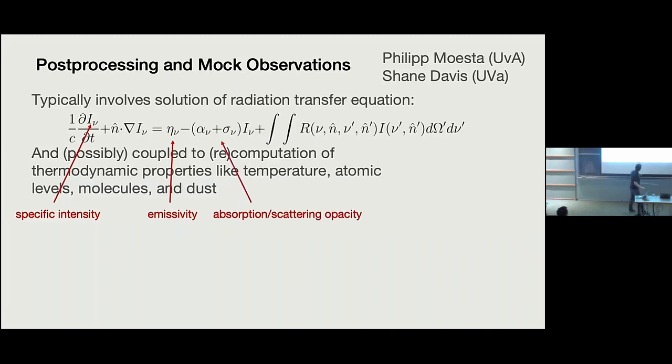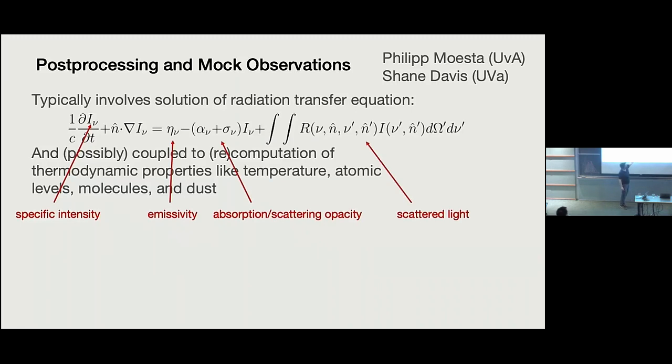The same is true for the opacity. We have both absorption and scattering, which take energy out of the beam. That's why there's a minus sign here. So this is a source of photons, and this is a sink of photons. Again, these can be very simple, but they can also be very complicated functions of the levels and ions. Last, we have this ugly term, which represents the scattered light.